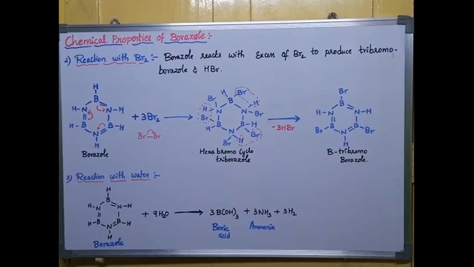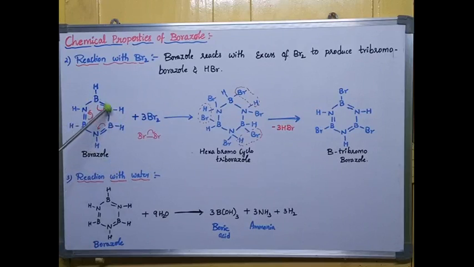The next reaction is the reaction with bromine. Here borazole reacts with excess bromine to produce tribromoborazole and HBr as a byproduct. Let us see this reaction. I am taking the borazole and adding 3 molecules of bromine. Same as before, nitrogen being electronegative attracts the double bond electrons towards itself.